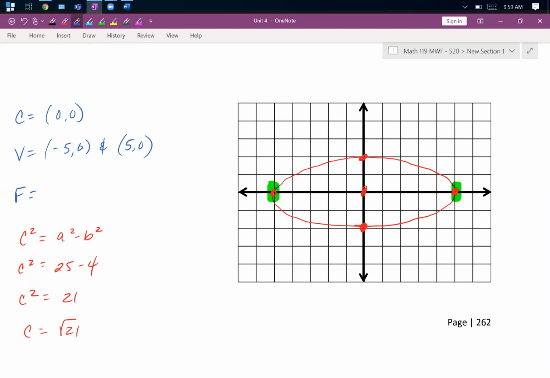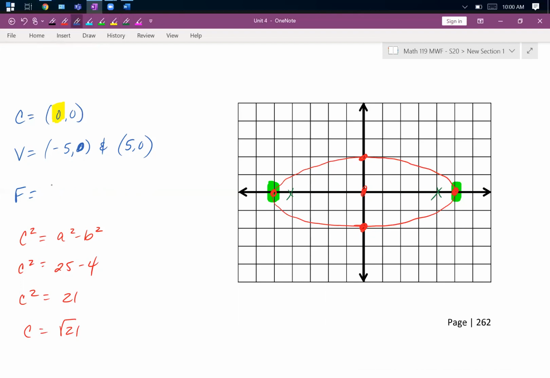And the foci are located along the major axis, c units away. So it's going to be like here and here. And now we just need to write that as an ordered pair. Since it's horizontal, because soon we're going to get our center off the origin, it's the horizontal component of the center that you add the c value to.